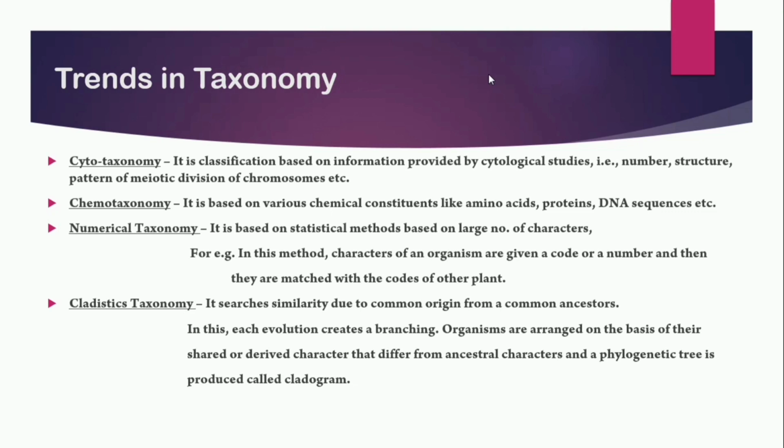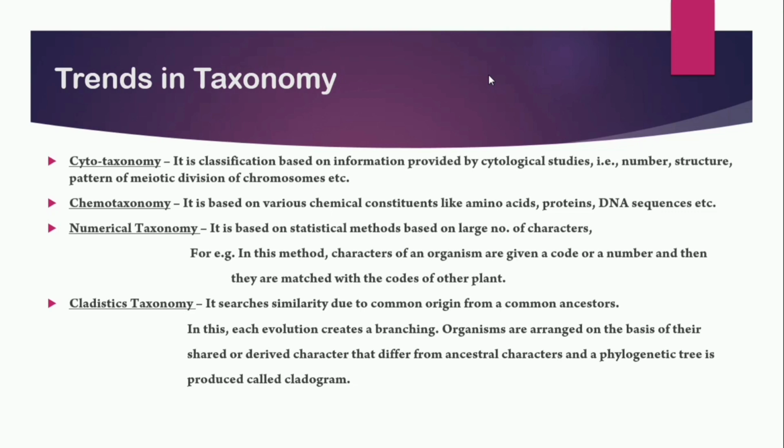In numerical taxonomy, what can I do? It is based on statistical methods, and in this method, characters of an organism are given a code or a number. That is, I can give a number or a code to different characters of an organism. Then I'll record that data on a computer and match it with another organism.